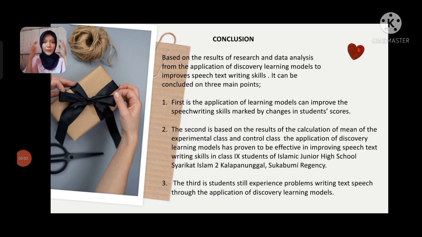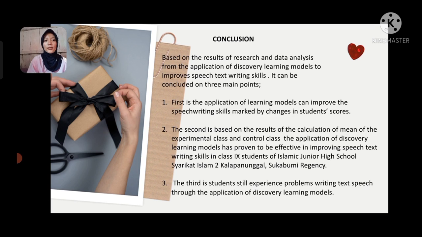And the last is conclusion. Based on the results of research and data analysis from the application of discovery learning models to improve speech text writing skills, it can be concluded in three main points. The first is that the application of the learning model can improve speech writing skills, marked by a change in student scores.